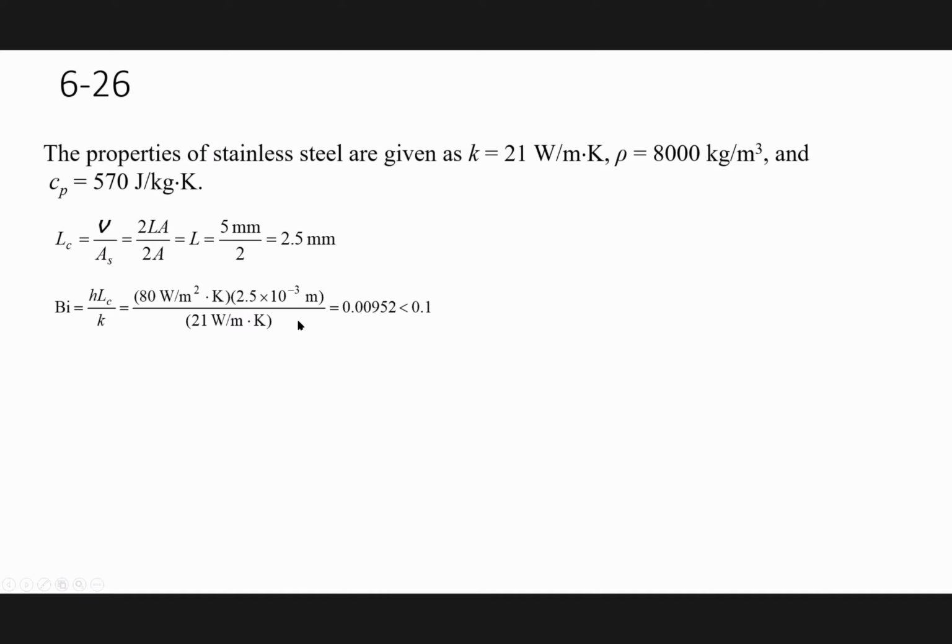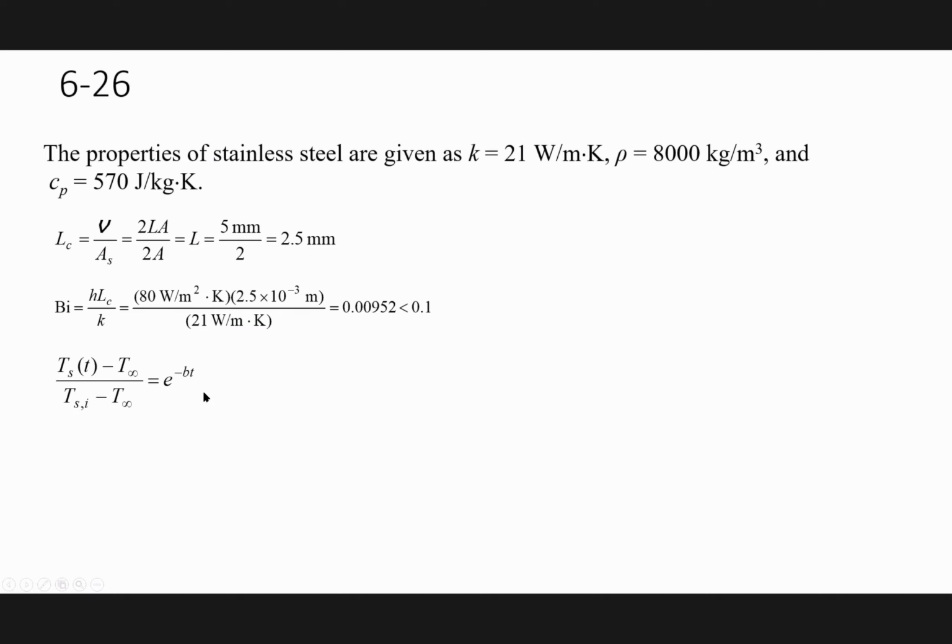We can make that assumption, and now we have an easy equation that we can use to calculate the information we needed, okay? If you look at this equation here, we know here is the initial temperature, this is the temperature of the furnace, and we're trying to calculate the temperature as a function of time, and the time is right here, okay?